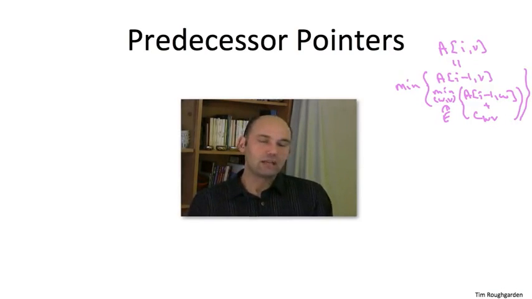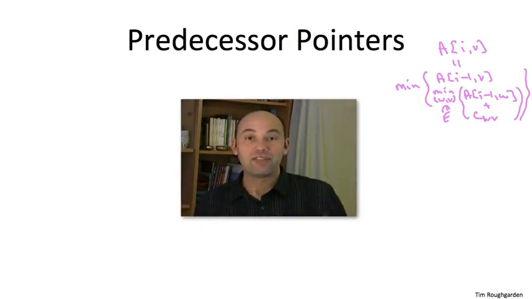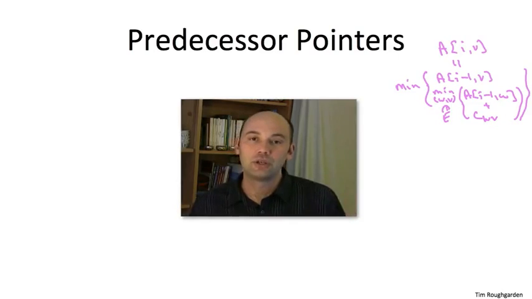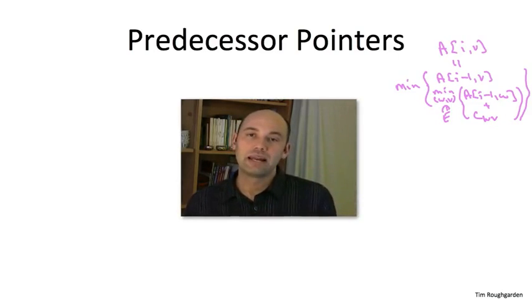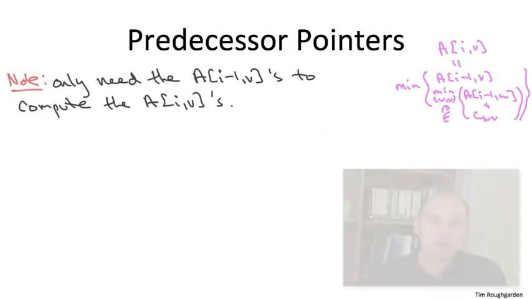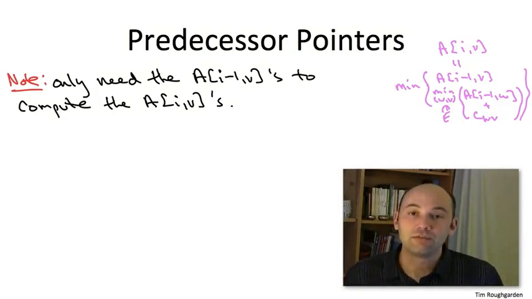But here's the point. Staring at this formula, which subproblem values do we care about? Well, not that many of them. And in particular, the trait shared by all of the interesting candidates is that they're all from the last iteration. The first index in everything on the right-hand side is always i minus 1. As a consequence, as soon as we've finished one batch of subproblems for some value of i, we've computed A[i][v] for all v, we can throw out the results of all of the previous rounds of subproblems, A[i-1], A[i-2], and so on.